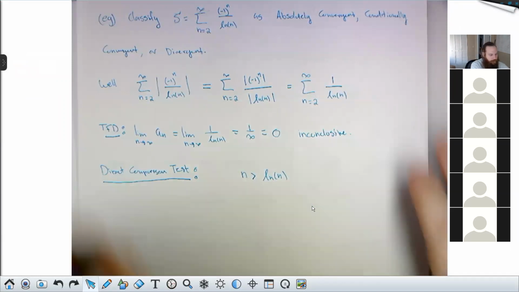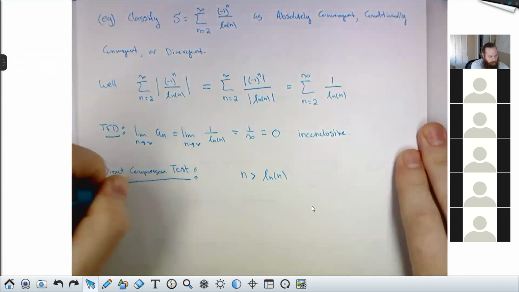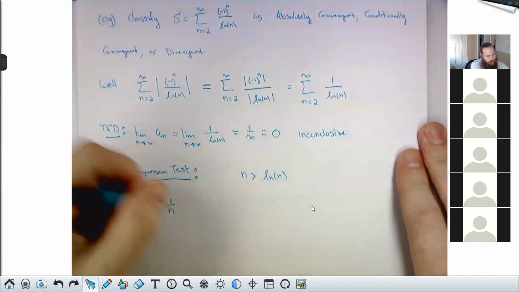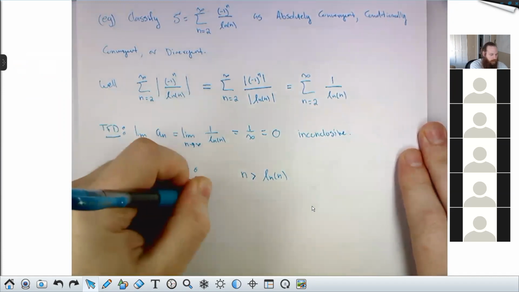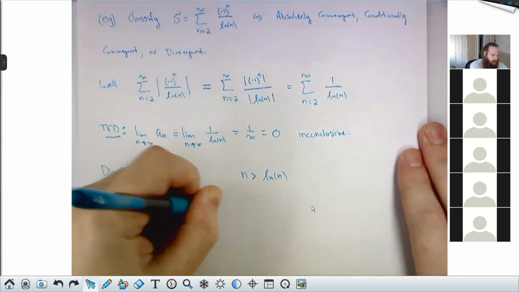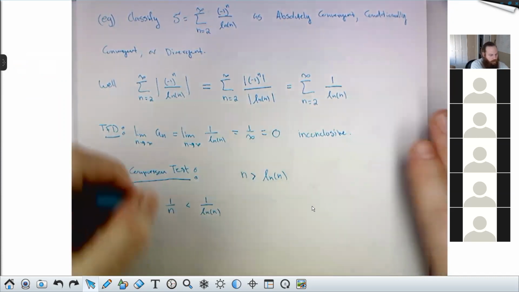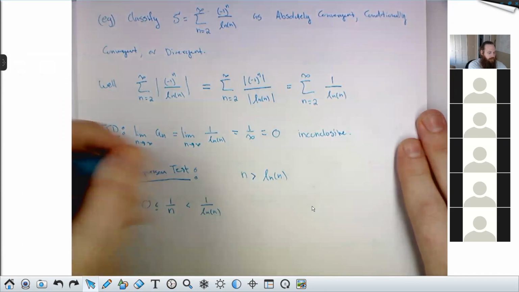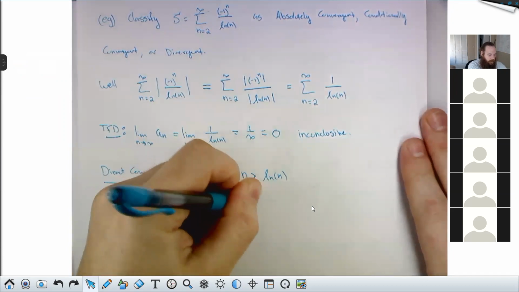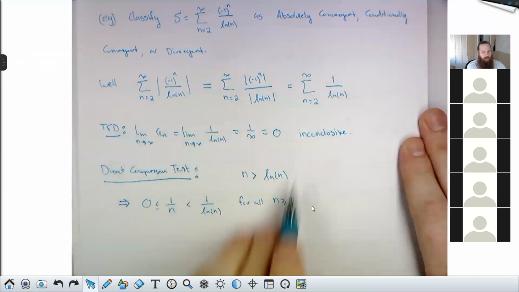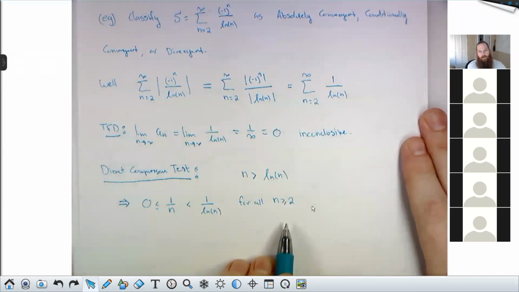And in particular, if you take reciprocals here, 1 over n is certainly smaller than 1 over the natural log of n. And more is true, these things are positive, certainly for all n greater than or equal to 2, which is the n values that I care about here.